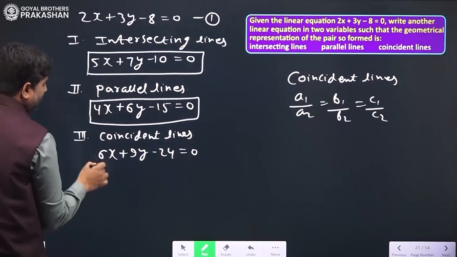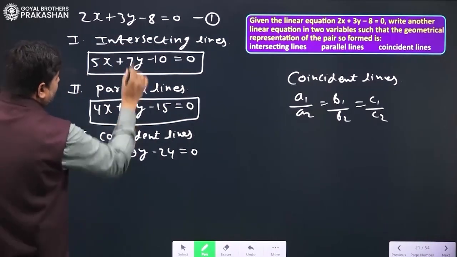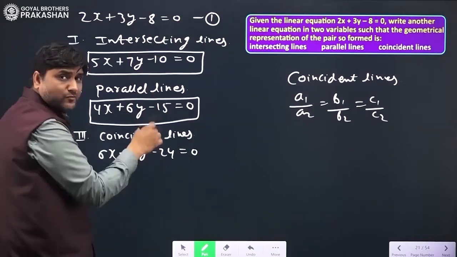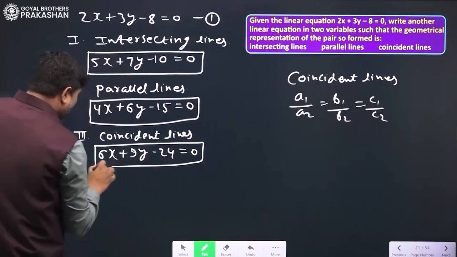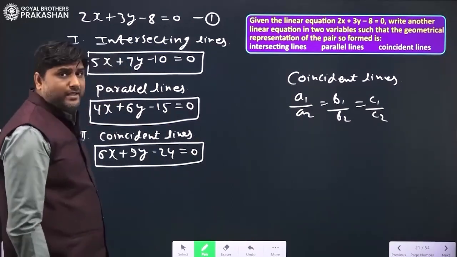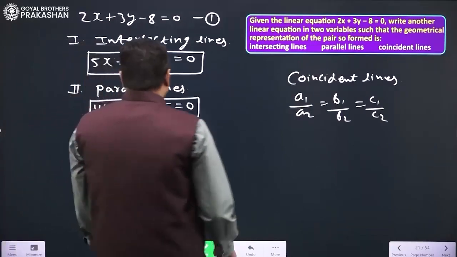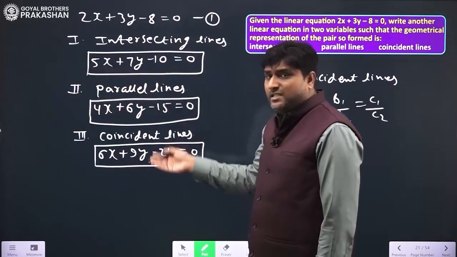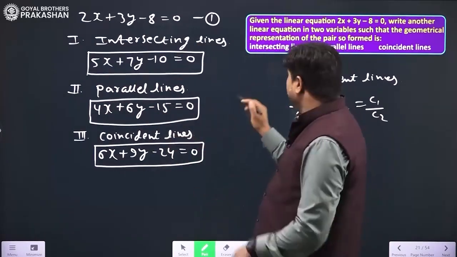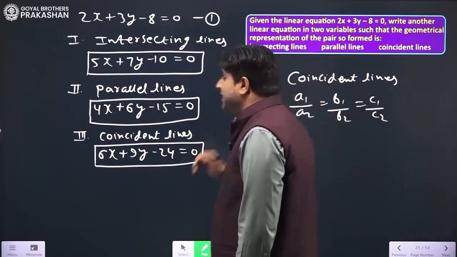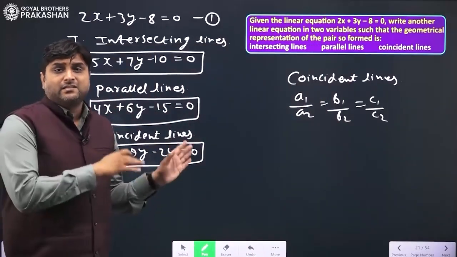See, 2 by 6, a1 by a2 is 1 by 3, b1 by b2, 3 by 9, again 1 by 3, minus 8 by minus 24, c1 by c2, again 1 by 3. So the ratios a1 by a2, b1 by b2 and c1 by c2 will be the same for these two equations. So these may be some second equation possibilities for intersecting lines, parallel lines and coincident lines. We can write infinitely many such equations.